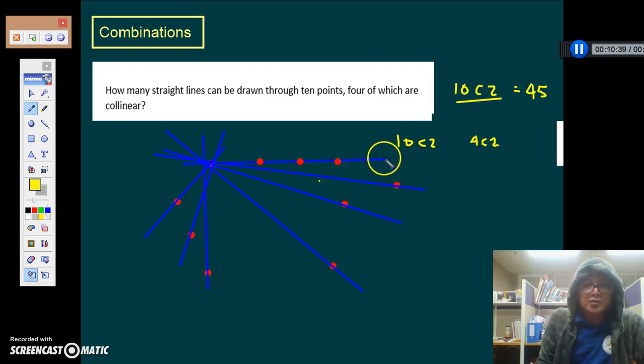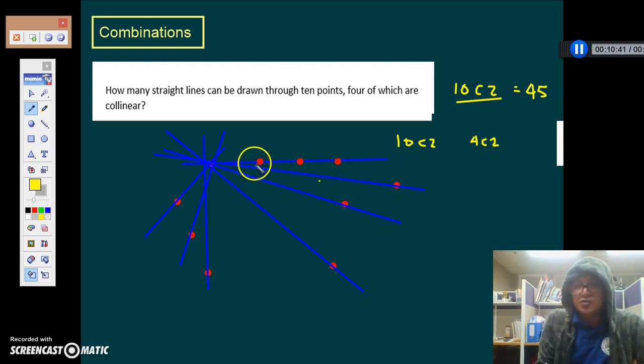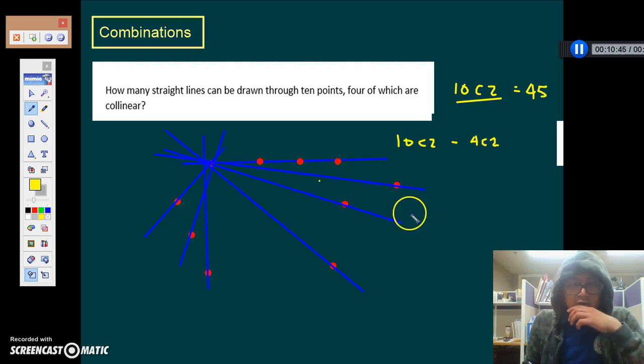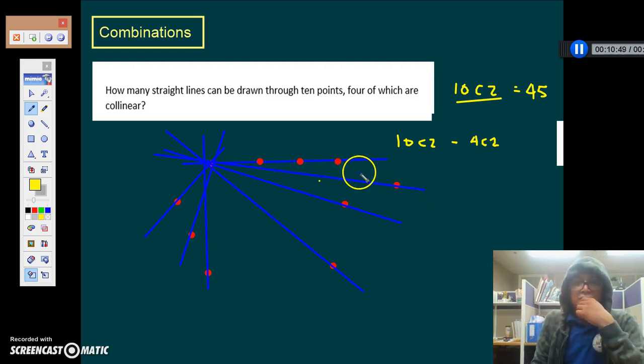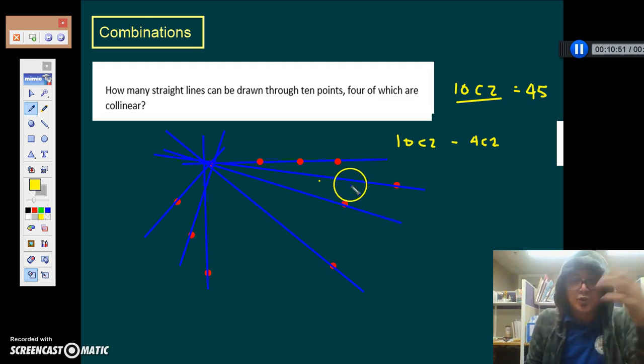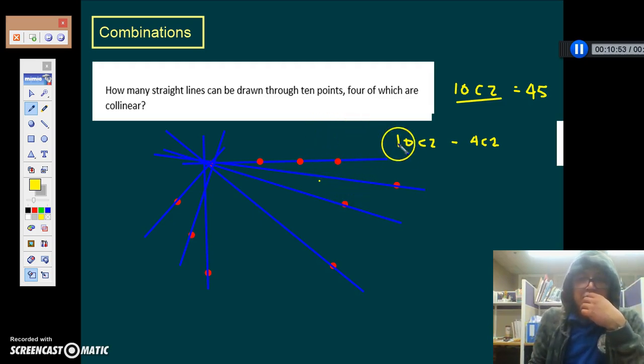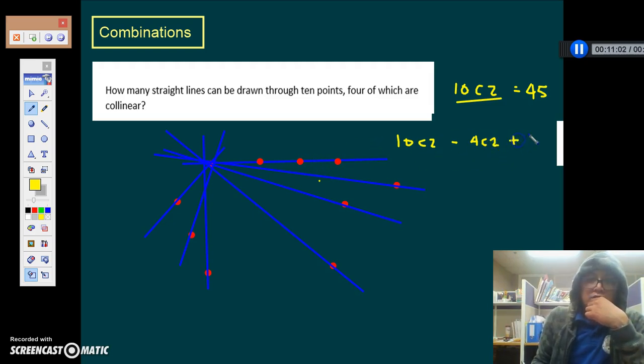But remember that they are in the same line, so we should subtract this. So we are basically deleting the number of lines that can be drawn through 4 points, no 3 of which collinear, from the whole thing 10C2. But remember that this line here should be counted only as 1. So therefore you should add 1. Okay, so you have 10C2 minus 4C2 plus 1.